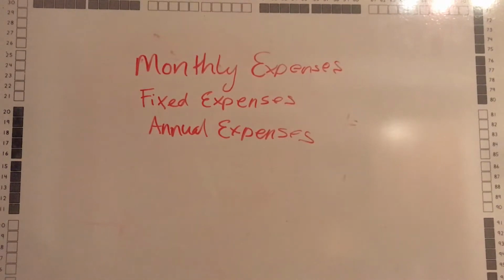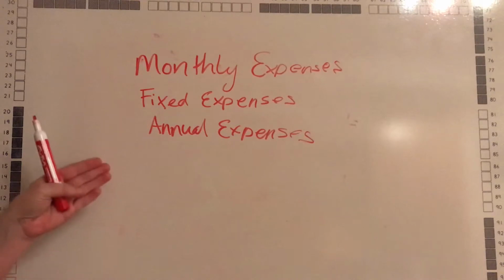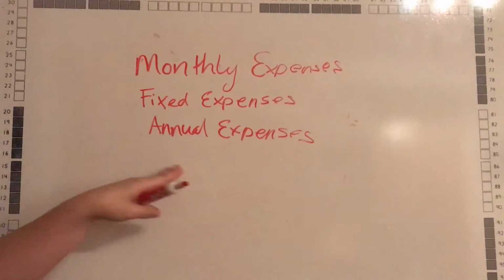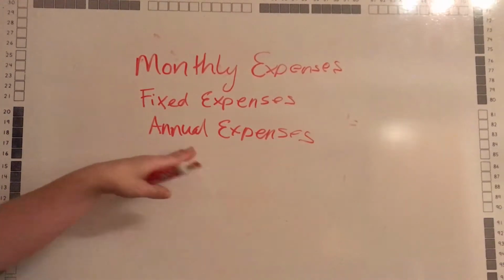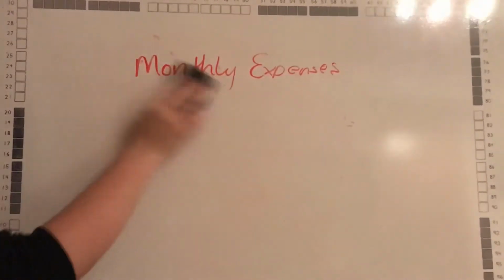Then what you would need to do to figure out your monthly expense, so how much you spend every month, is add these three things together. The first thing we're going to do is figure out how we find our monthly contribution of our annual expenses. And it is just like you think it would be. You take that annual expense.